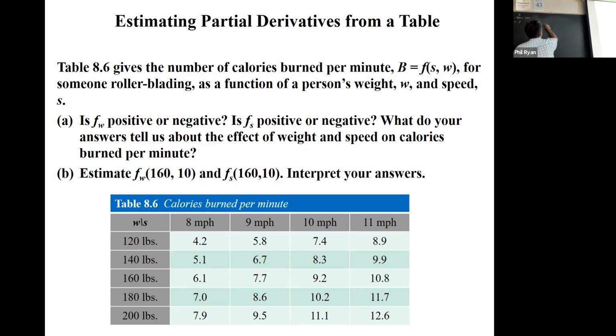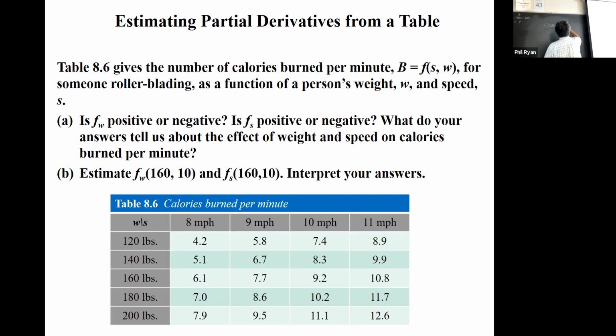And so what is f_W(160, 10) approximately equal to? Well, we're going to let W vary, so 160, 10 is here, and we're going in this direction.